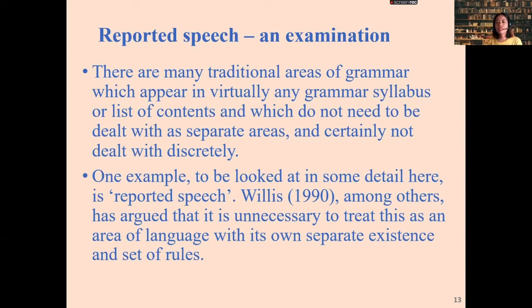Because according to Willis in 1990, among others, it is unnecessary to treat this as an area of language with its own separate existence and set of rules, because that is really incorporated. So this is not separate, but really part of the grammar, of the English language.